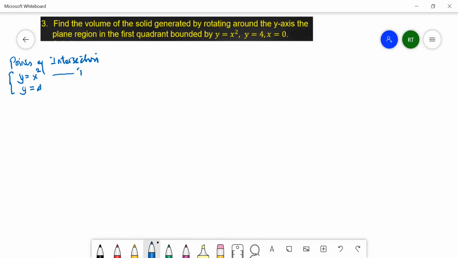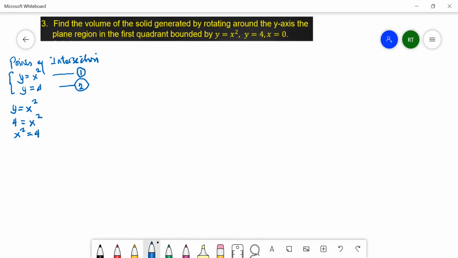Consider this as equation number 1 and this one as equation number 2, and solve the two equations simultaneously by substitution. Since the first equation is y is equal to x squared, we can substitute 4 for y, so 4 is equal to x squared, or x squared is equal to 4.